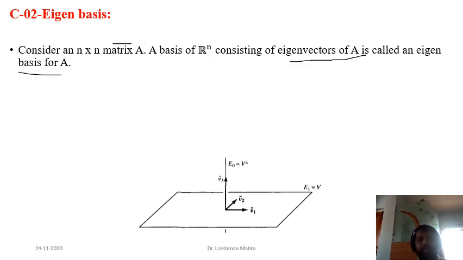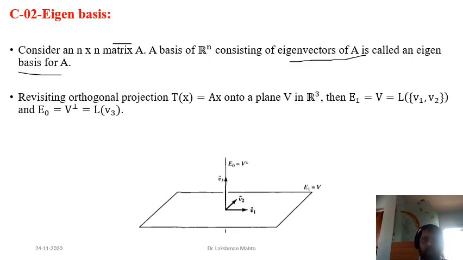Remember that not every matrix has an eigenbasis. A few matrices may have one, a few may not. So that is the criterion. We will try to look for a special kind of matrix which will have an eigenbasis. In order to visualize an eigenbasis, I am revisiting the previous example, orthogonal projection. Consider orthogonal projection in R3, where we project any three-dimensional vector onto a plane.